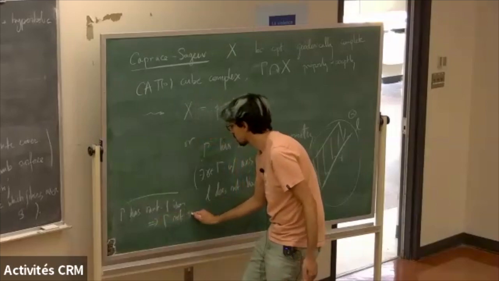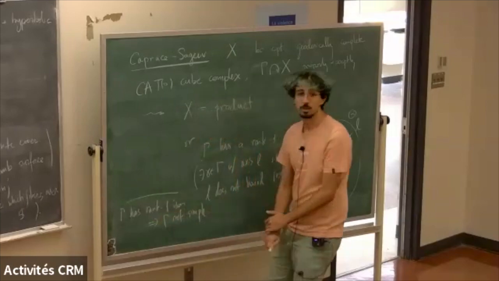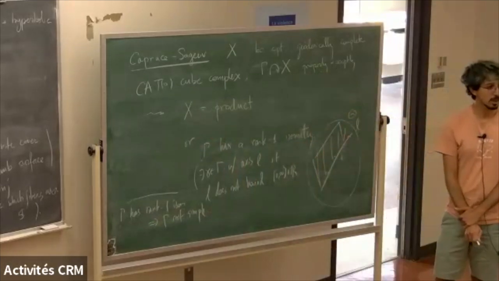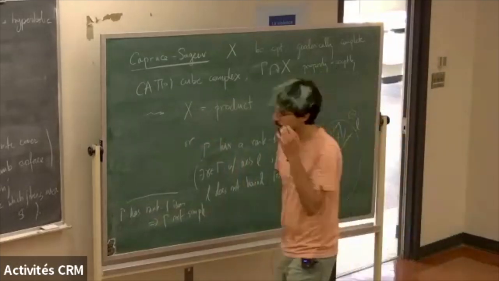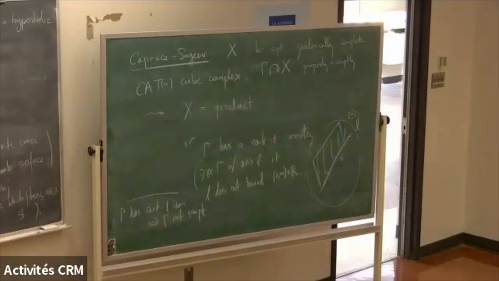So you get some quotients. Maybe it could still be non-residually finite, but you get some quotients. And this really leads us to the fourth talk, which is about finding cubulated groups which are simple.